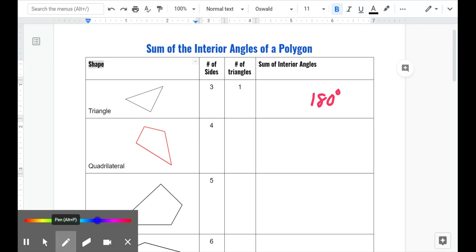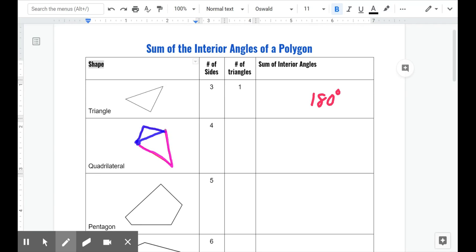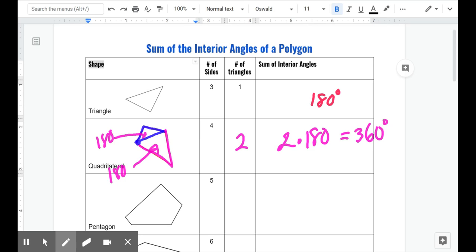I'm going to go from here to here, and notice that I have created a triangle right there, and also another triangle right here. You can't make any more lines than that. So I have 2 triangles, and each one of them has a sum of 180. So I have 2 times 180, and that gives me 360.